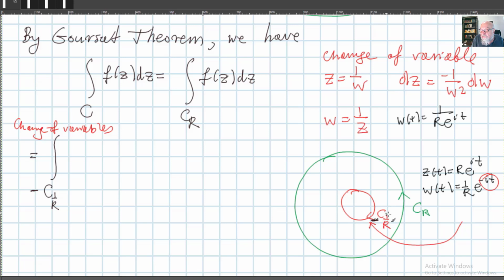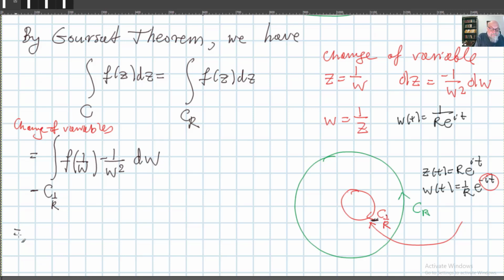This is minus C_R because they will go into the other, not positive but negative orientation. And then we have f, and z becomes 1 over w, and dz becomes minus 1 over w squared dw.